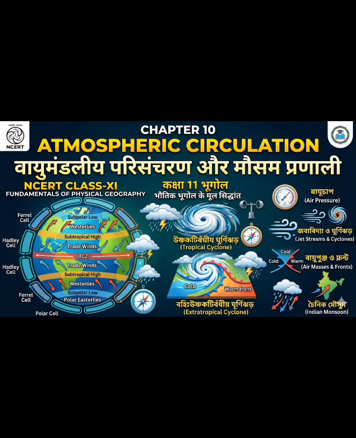Next and last point is thunderstorms and tornadoes. Other several local storms are thunderstorms and tornadoes. They are of short duration, occurring over a small area but are violent. Thunderstorms are caused by intense convection on moist hot days.